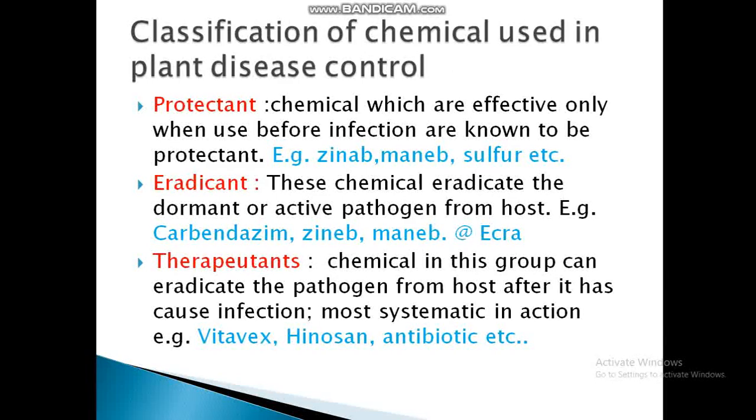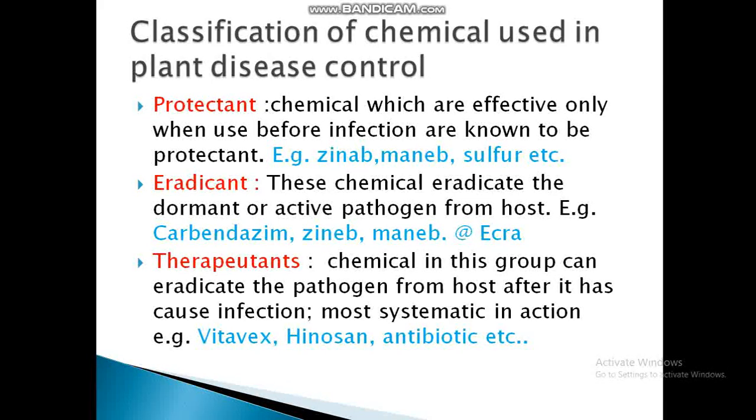Similarly, eradicants eradicate dormant or active pathogens from the host. They are carbendazim, zineb, and maneb. And we have therapeutants. Therapeutants are a group of chemicals that eradicate pathogens from the host after it has caused infection.